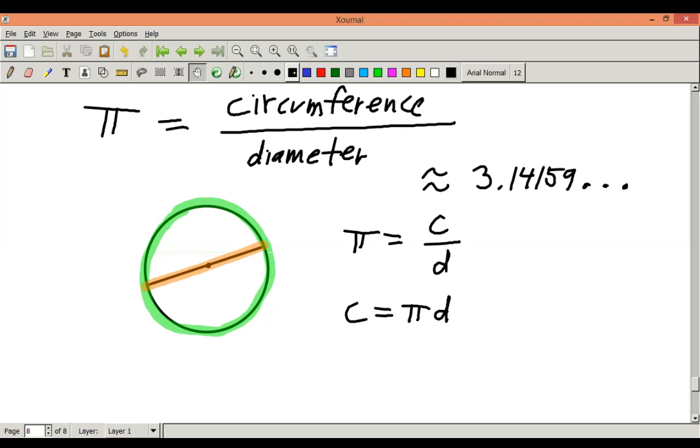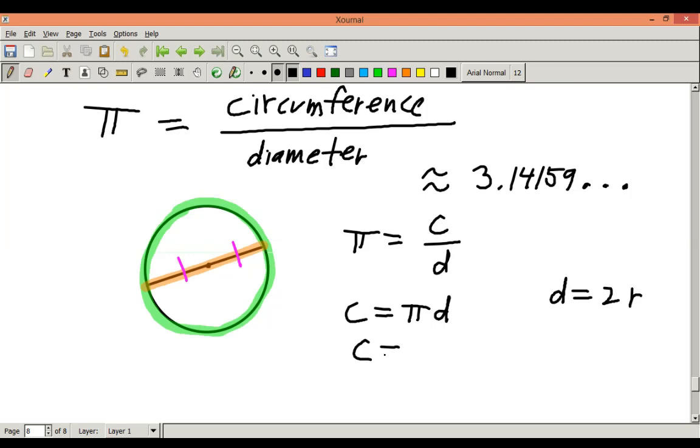Now we know that if you look at a circle, the diameter is equal to twice the radius. Remember, if you look at these two radii right here, those two radii equal the diameter. So we can take this formula, circumference equals pi times diameter, and replace diameter with 2r.